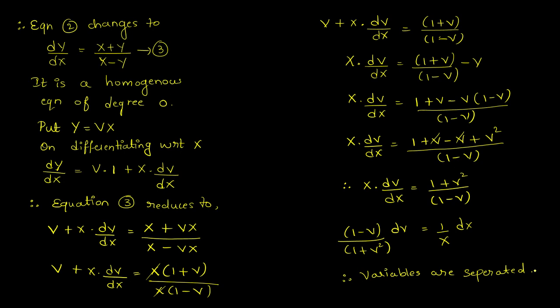So now, once the variables are separated, we need to integrate this equation. So let's see what will be the integration for this. On integrating, we had the term as the integral of (1 - v)/(1 + v²) dv, that was equal to the integral of (1/x) dx.